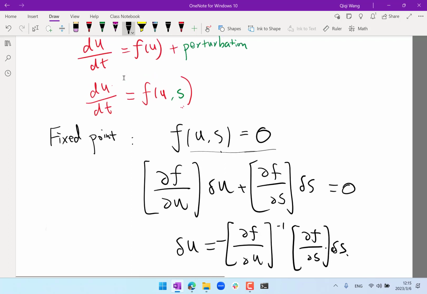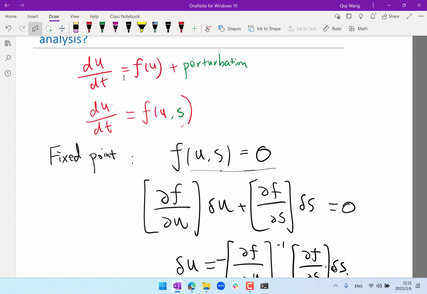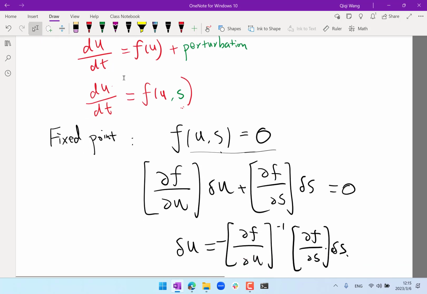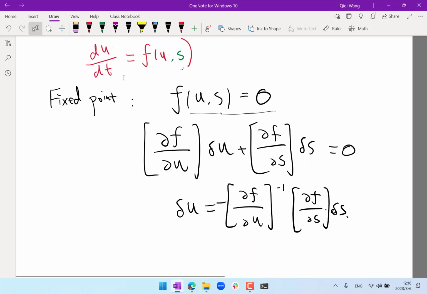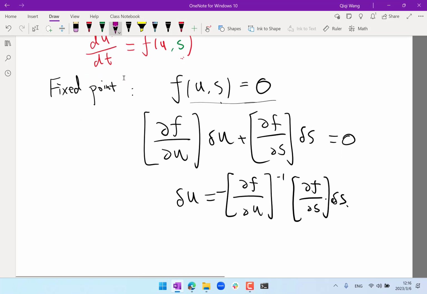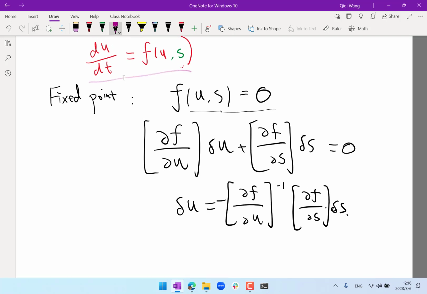But for a periodic system, such analysis is no longer as trivial as for a fixed point. So let's look at what happens if you have a periodic system in a limit cycle. You have a solution like this.